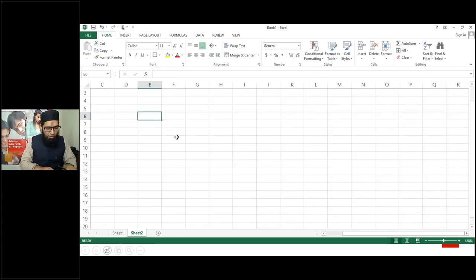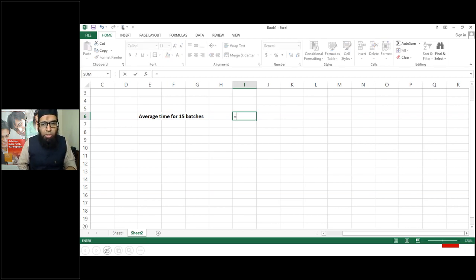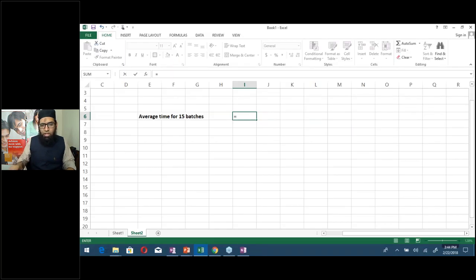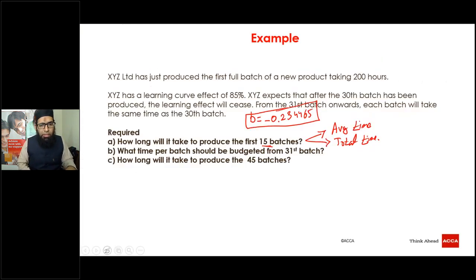First of all, I will be estimating the average time for 15 batches. So the calculation will be equal A. Now the first batch took 200 hours, so the value of A will be 200 into X. X will be the number of units, which is 15, raised to power the value of B. So the value of B will be minus 0.234465.